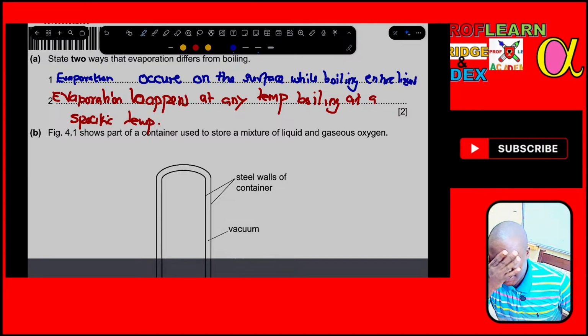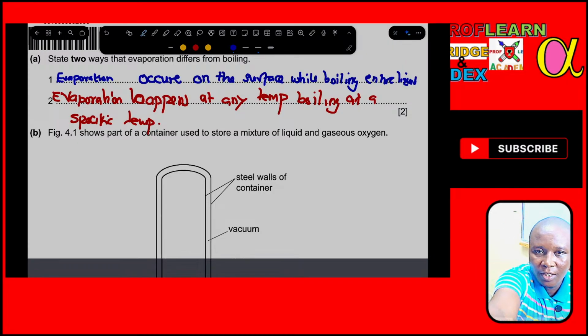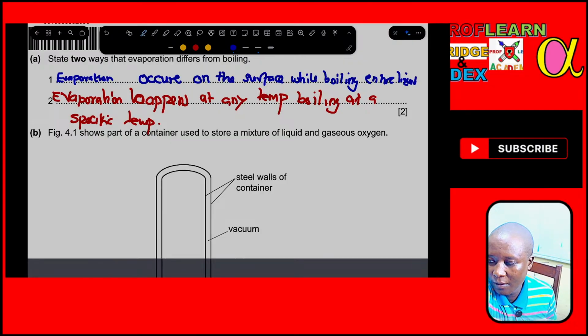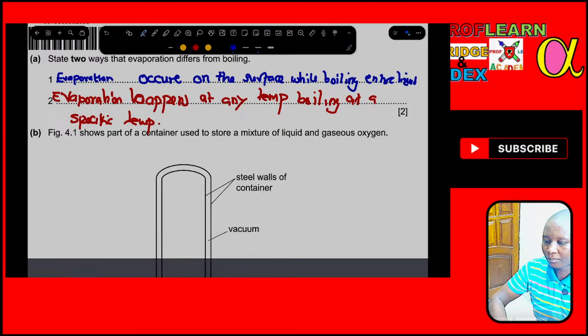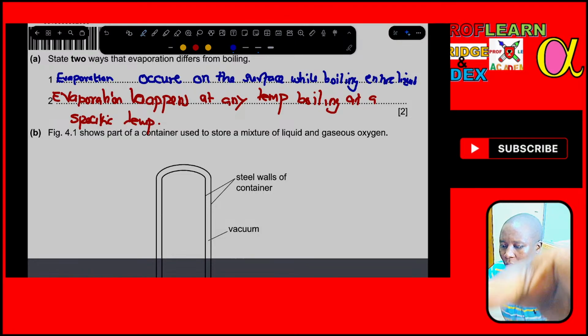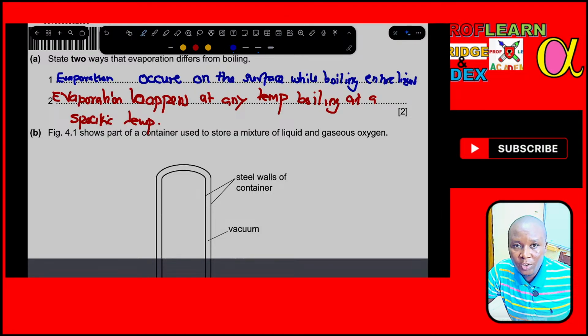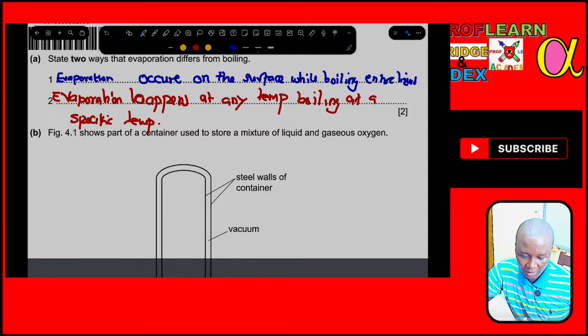That's the difference. Also, evaporation happens at any given temperature, while boiling will occur at a specific temperature. For instance, the boiling point of water is 100, so boiling will not take place until water has acquired a temperature of 100 degrees Celsius. But evaporation will occur at any given point.